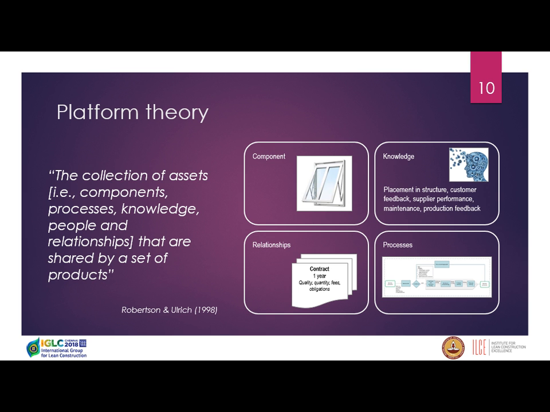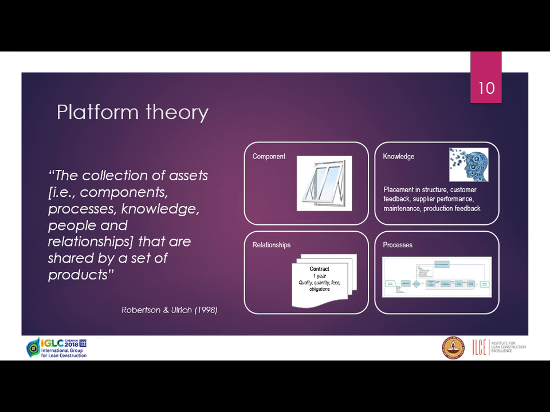Platform theory, Shamnat has already talked about, so I will not stay on that, but in this paper we also adhere to Robertson and Ulrich, so there are 4 components. Important to say here is that we often stay a little too long on the component part of this, because that is the easiest to cling on to and comprehend from the start.